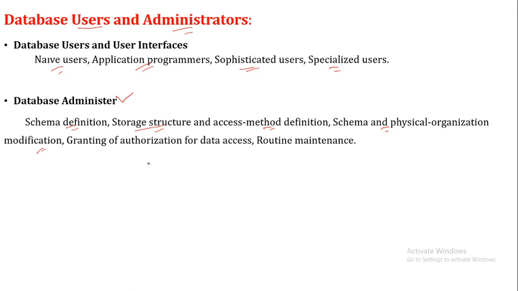At the same time, once in an interval, there needs to be routine maintenance of your database, maybe in a month, maybe in a week, depending upon the kind of application. The database has to be maintained properly. So this is all about the basic responsibility of your database administrator.